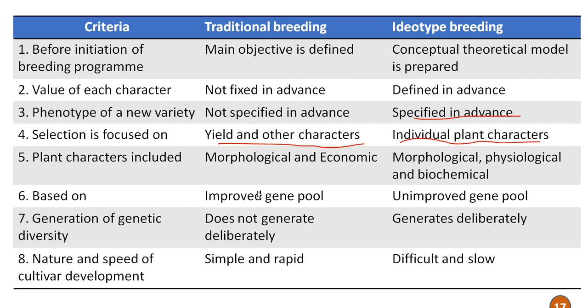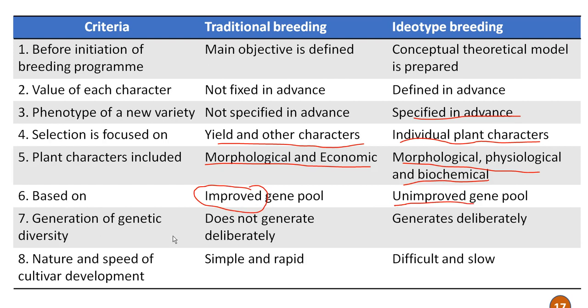In traditional breeding, plant characters such as morphological and economic characters are included, while in ideotype breeding, morphological, physiological and biochemical characters are included. Traditional breeding is based on an improved gene pool, while ideotype breeding is based on an unimproved gene pool.